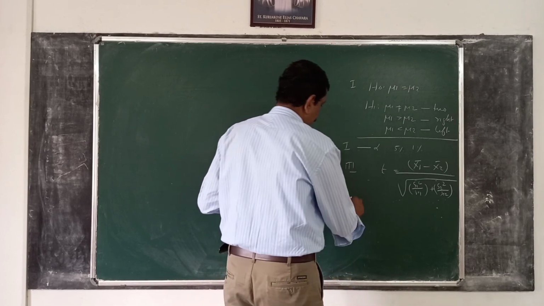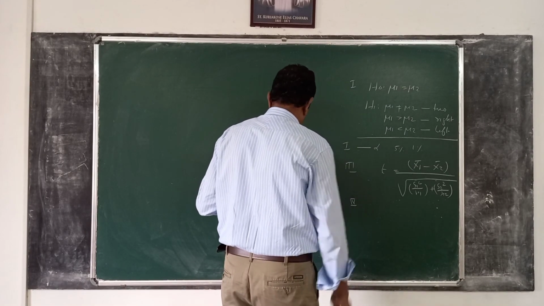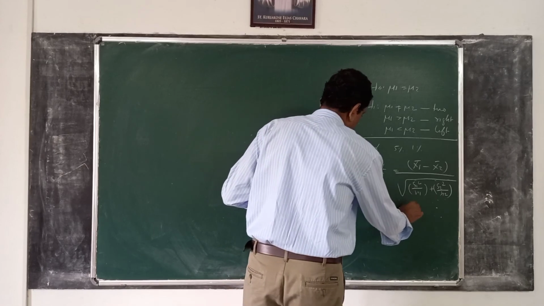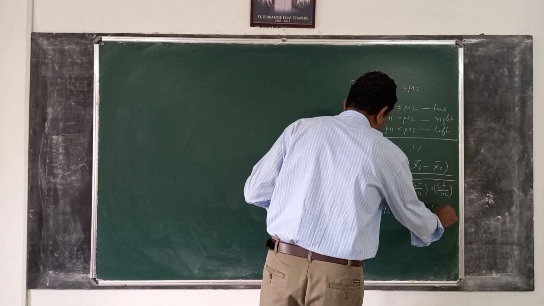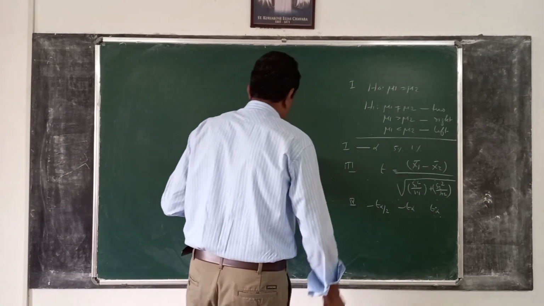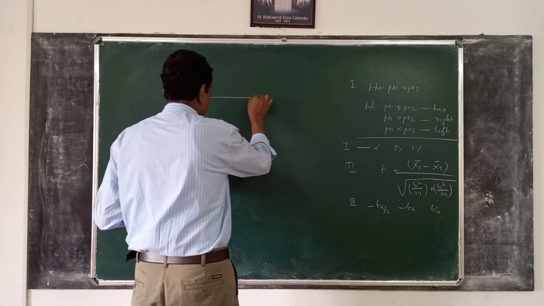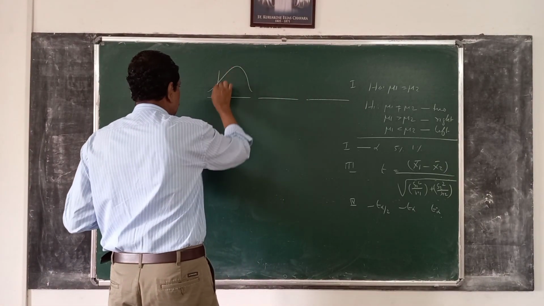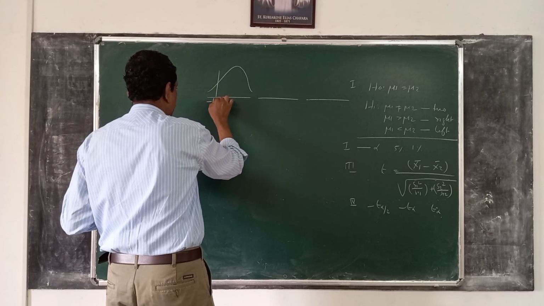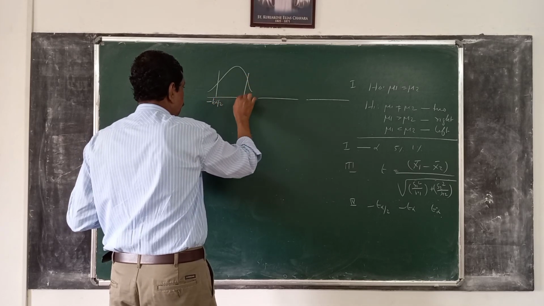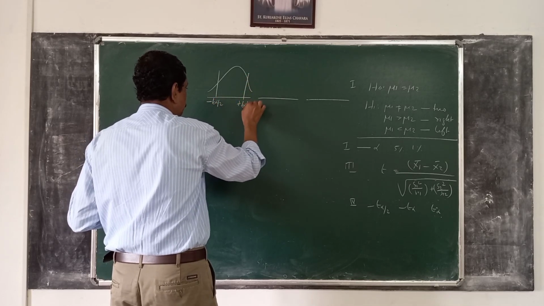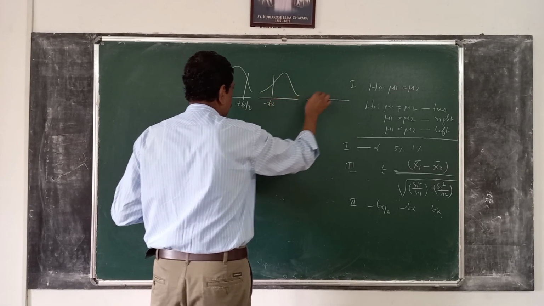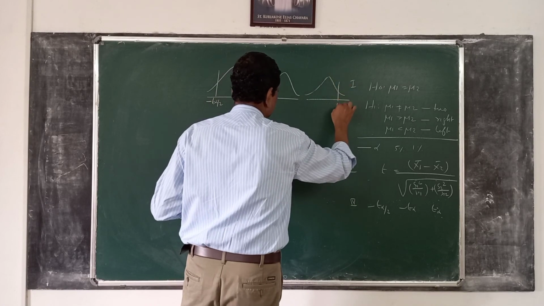Then the fourth step is to find the critical values minus t alpha by 2, minus t alpha, and t alpha, in the form of a graph. It's like this: minus t alpha by 2, plus t alpha by 2, minus t alpha, plus t alpha.